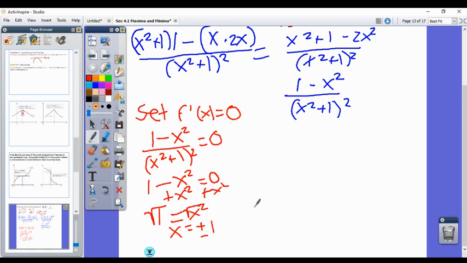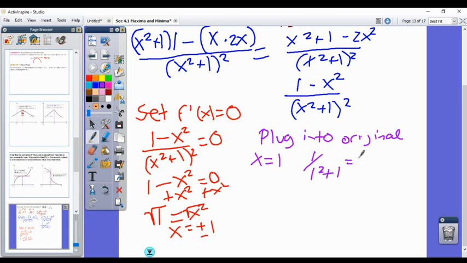Okay, so now what I am going to do is plug in positive 1 and then negative 1 to my original function. So plug in to original to get the y coordinate of the point. Okay, so when x equals 1, I'm getting 1 divided by 1 squared plus 1, which is 1/2.